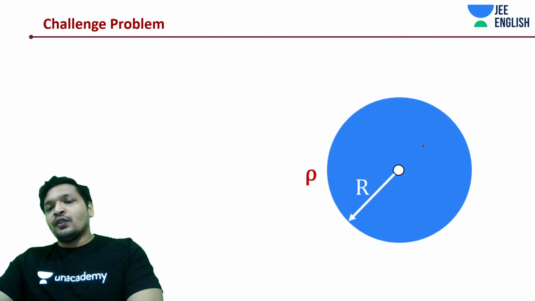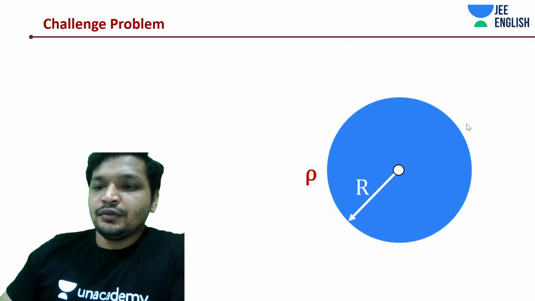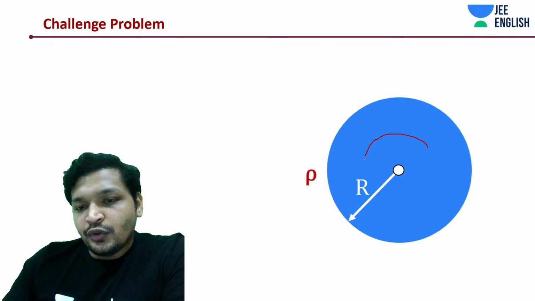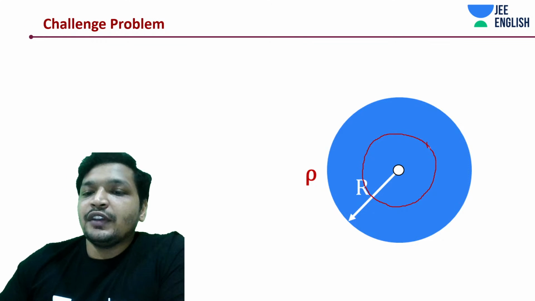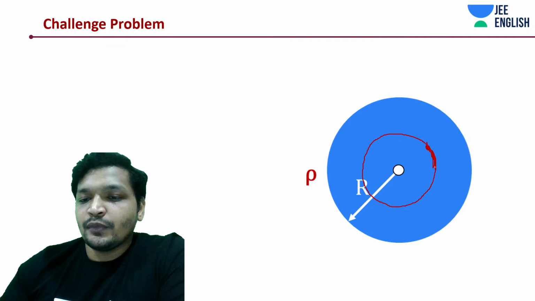All right. Now, as usual, you need to draw a shell. Let me draw the shell. We are going to draw a shell at a distance r, and we are going to say it has a thickness dr throughout its surface.